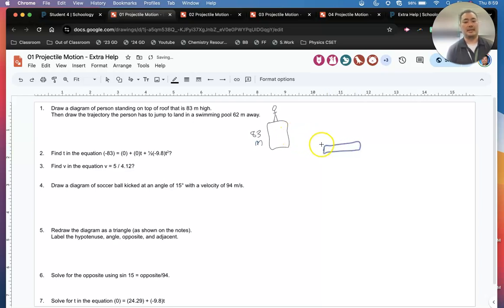The swimming pool is not right next to the roof. You have to make a running jump to make it to this swimming pool. So this is the pool. And then the distance is 62 meters. All right? So your drawing should look something like this. You need to add 62 meters to your drawing.